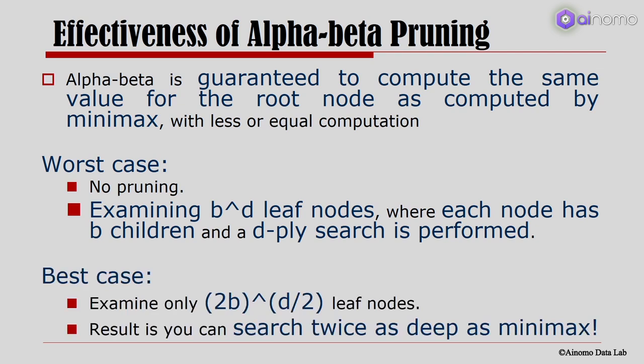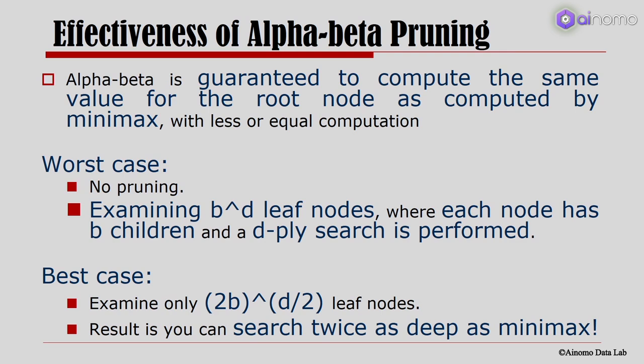In the best case, we examine only 2b to the power d by 2 leaf nodes. What this result means is that for Minimax with alpha beta pruning, we can search twice as deep as we would have done with Minimax alone.